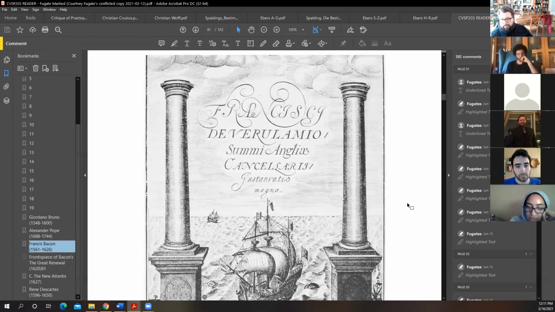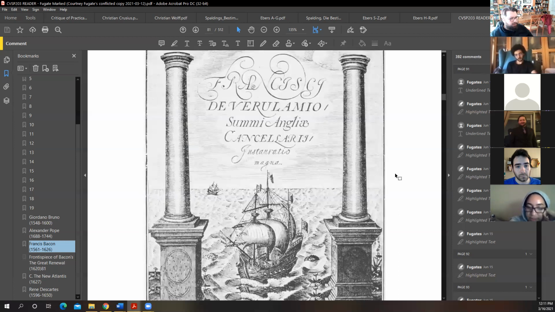He does this in a major work which was never completed, called the New Organon, or the Great Instauration, the Great Renewal, as it's sometimes called. And this is the cover of the Instauratio Magna, the Great Renewal or Great Instauration. It consisted of several books, as we're going to see. He only wrote some of those books, or completed them.